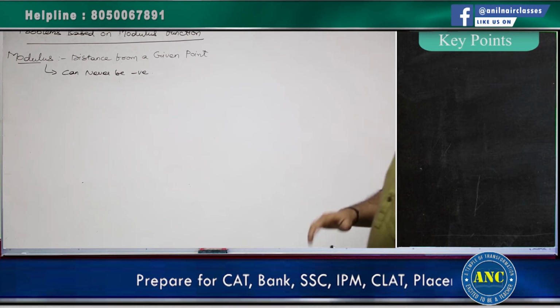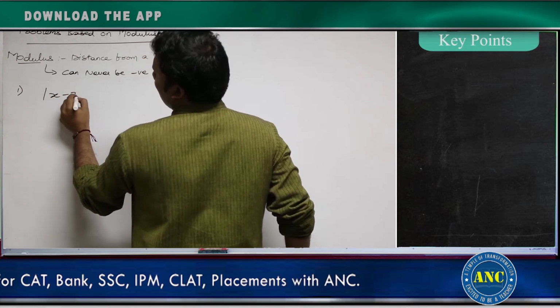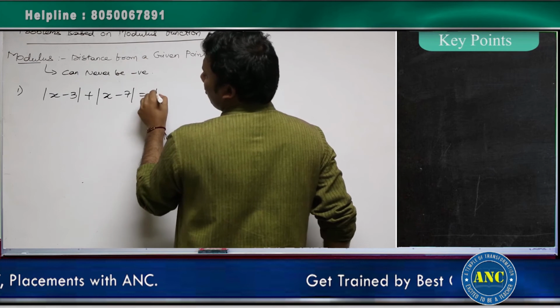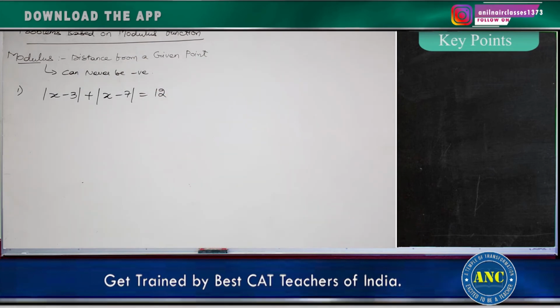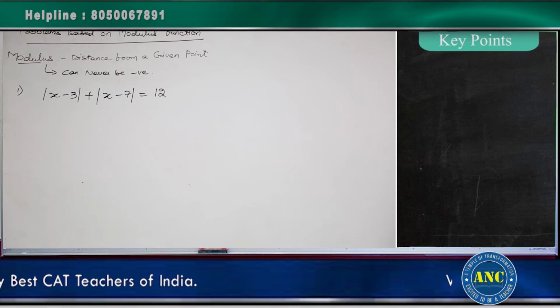Now, listen carefully. First one: |x - 3| + |x - 7| equivalent to 12.